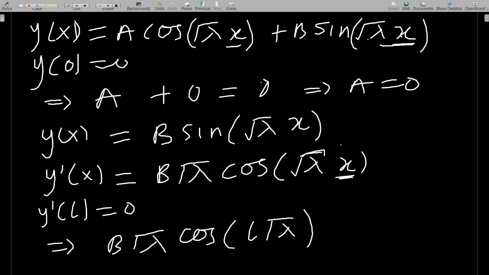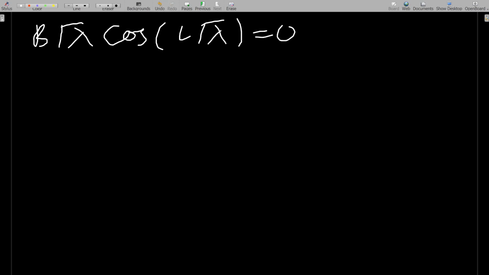The square root is only affecting the lambda. So I can interchange them like that, and this should give me 0. Now remember, we have the product of two things giving us 0, as in the first scenario as well. So in this case, either this is equal to 0 or this cos of L square root of lambda is equal to 0.